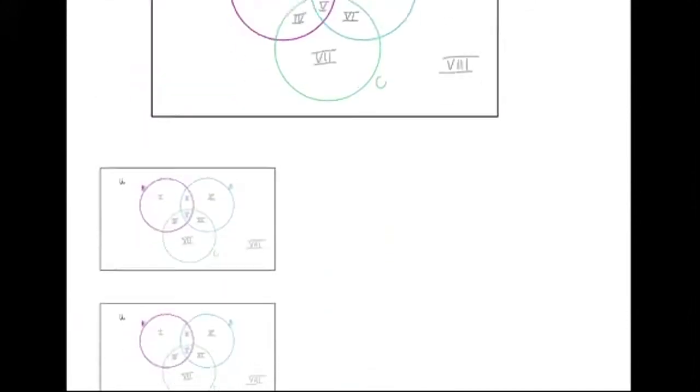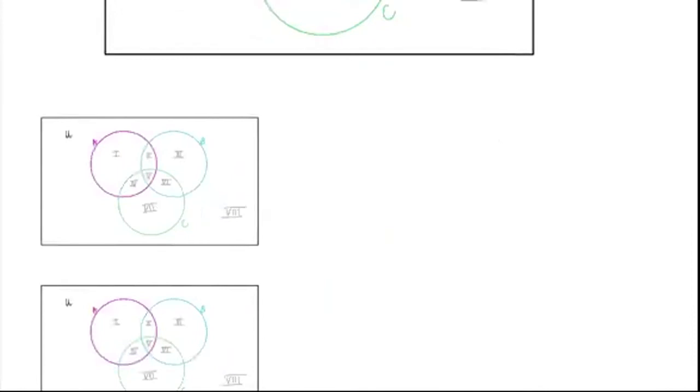Okay. So the first region is the one smack dab in the middle, which is region 5. Okay. And this one's not too bad to actually write in terms of sets. It's the elements that are in common. So it's what's in their intersection.